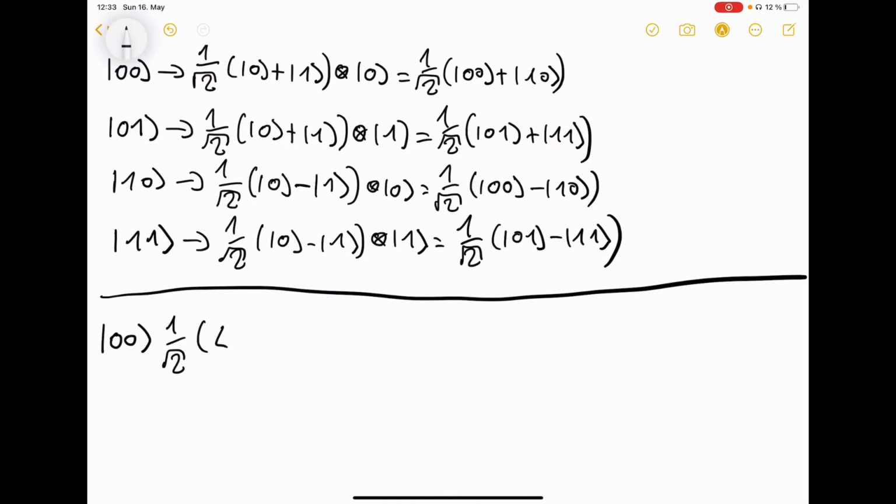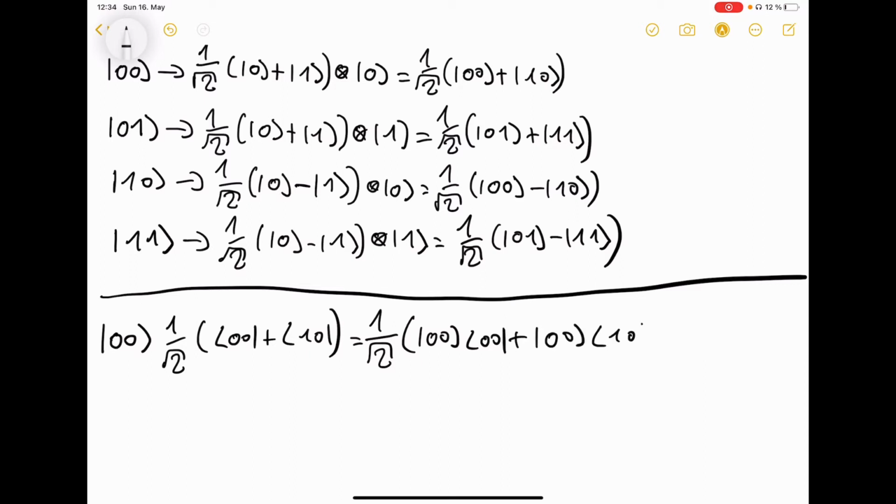So we have ⟨00| plus ⟨10|. We multiply that out and get a result of this: 1 over the square root of 2, |00⟩⟨00| plus |00⟩⟨10|.